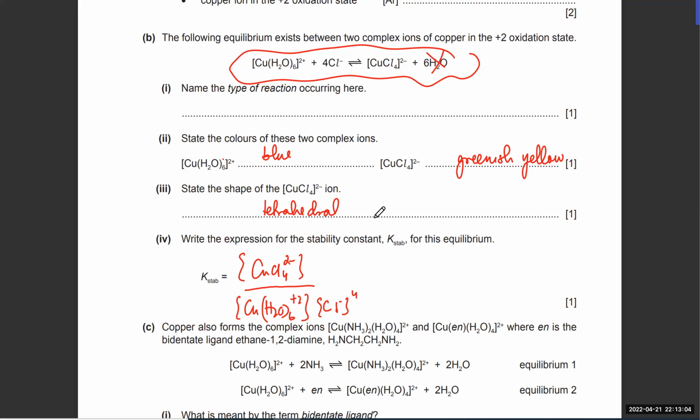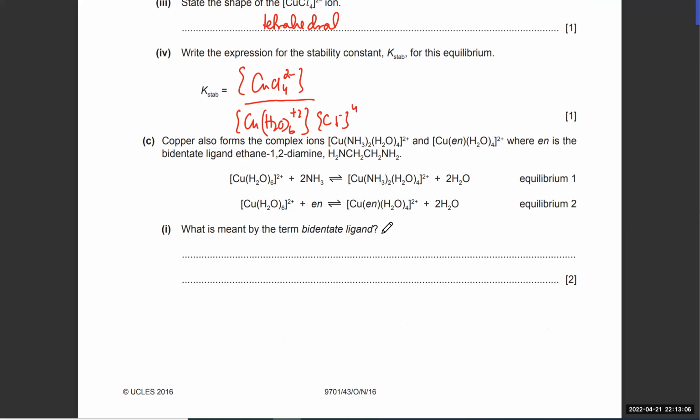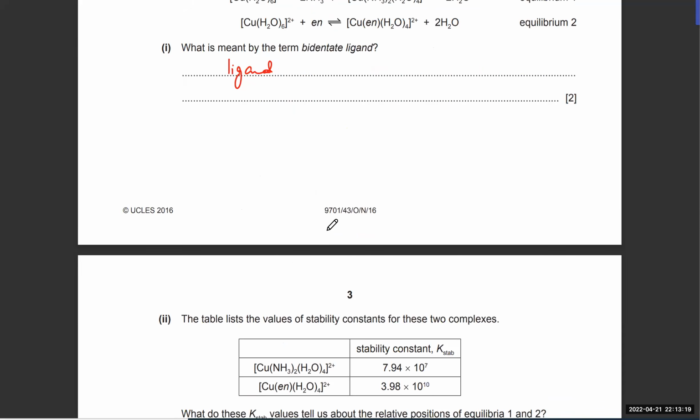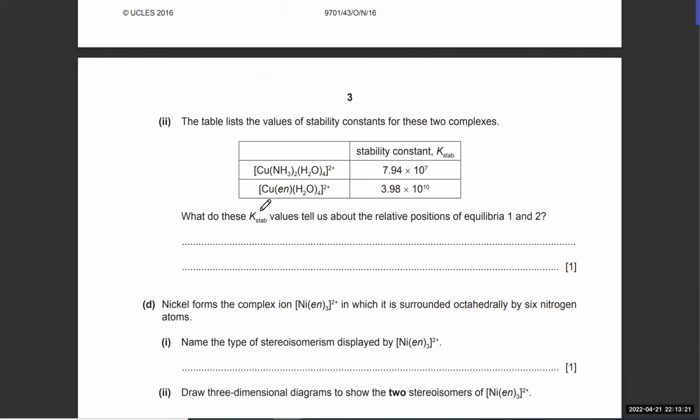Then, what is meant by the term bidentate ligand? It's a ligand that is capable of forming two dative bonds in a metal complex. So it has 2 lone pairs and can form 2 dative bonds in a metal complex. What does the K stability value tell us about the relative position of equilibrium?